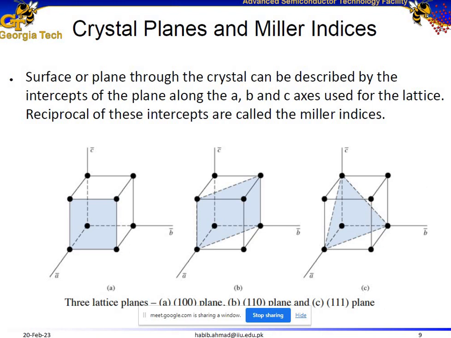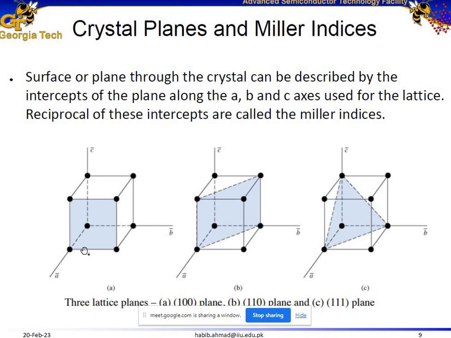Moving on to another important concept, which is the concept of crystal planes and Miller indices. Now consider this simple cubic structure, and here let's assume this is our positive x-axis, this is our positive y-axis, and this is our positive z-axis.